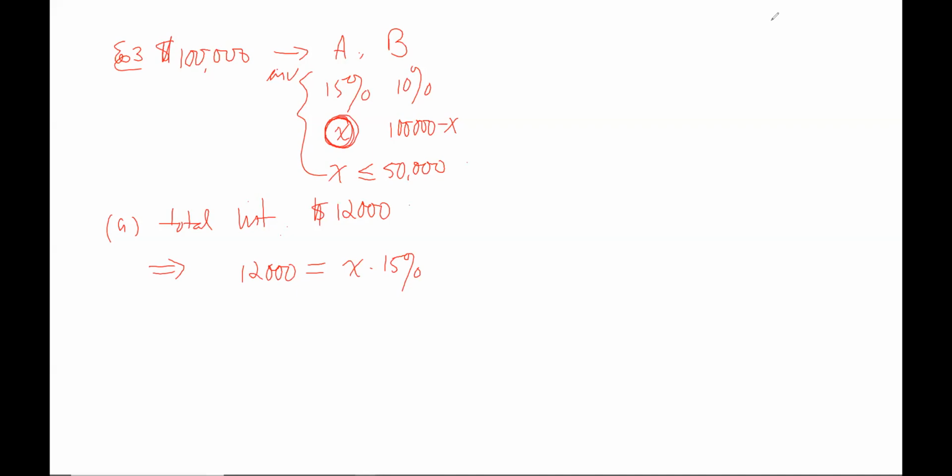So X is the amount invested in A. Its interest rate is 15%. So you multiply X with 15%, that gives you the annual interest. Plus, the rest goes to stock B. Its interest is 10%, do you agree? And that's the first equation.